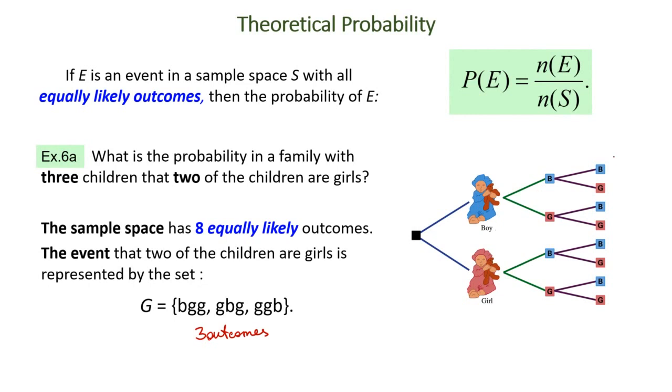We can search here in the list: boy, boy, boy, boy, boy, girl, boy, girl, boy, and so on. If you look carefully, we have 3 possibilities, where there is 1 boy on the first, the second, or the third place, so 3 outcomes.